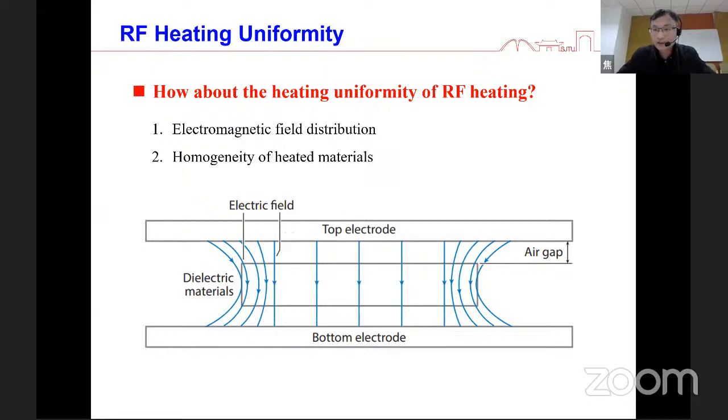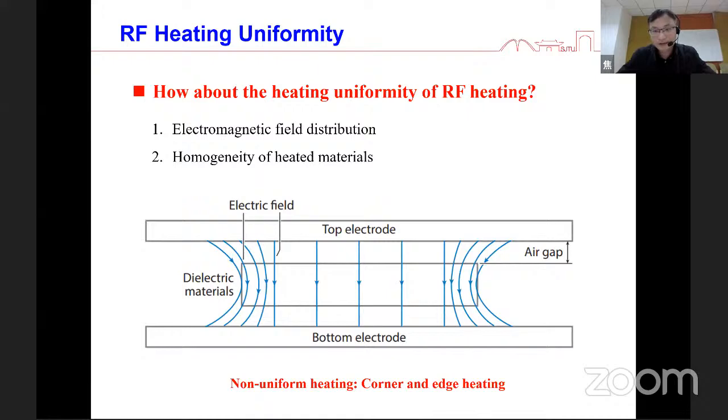But for the RF heating, like I mentioned, it's a volumetric heating method. So theoretically, it would have better heating uniformity than the conventional heating method, right? But in reality, there is still non-uniform heating. So why would it still have non-uniform heating?